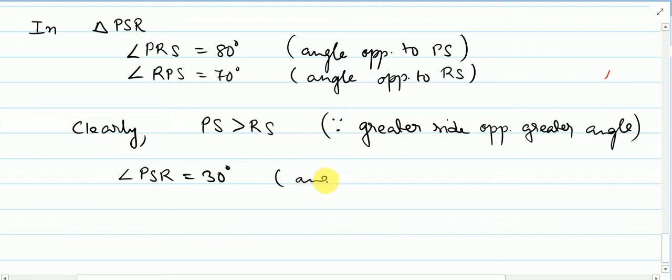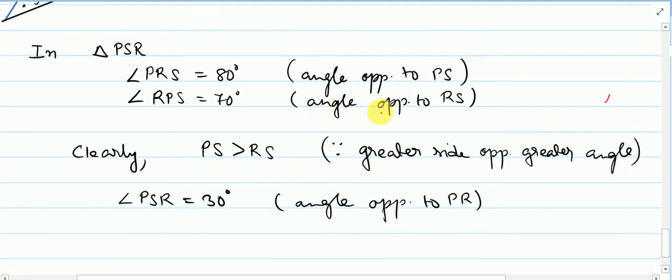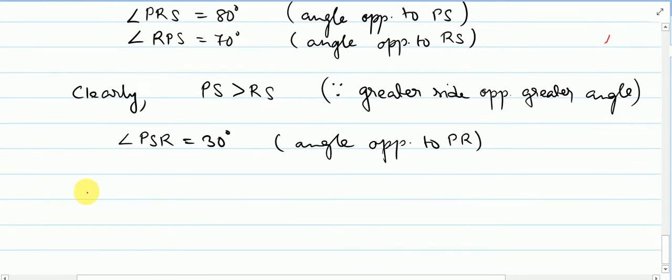This is angle opposite to PR. Okay, so here you can see that angle opposite to PS is 80 and angle opposite to PR is 30. So obviously the one which has greater angle opposite to it will be greater. Okay, so this PS will be greater than PR.